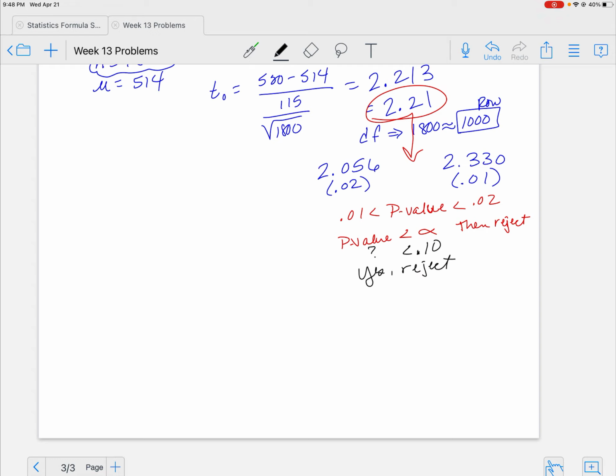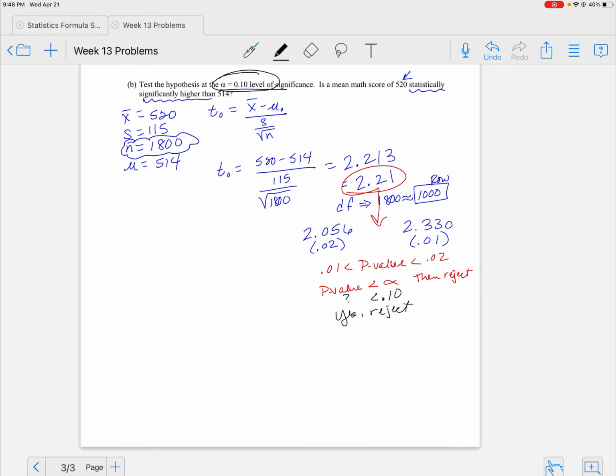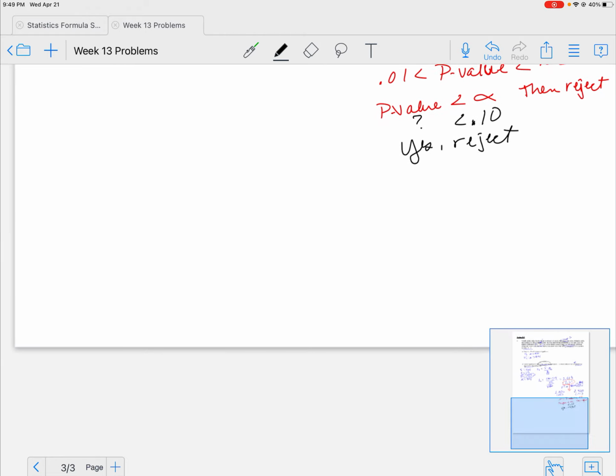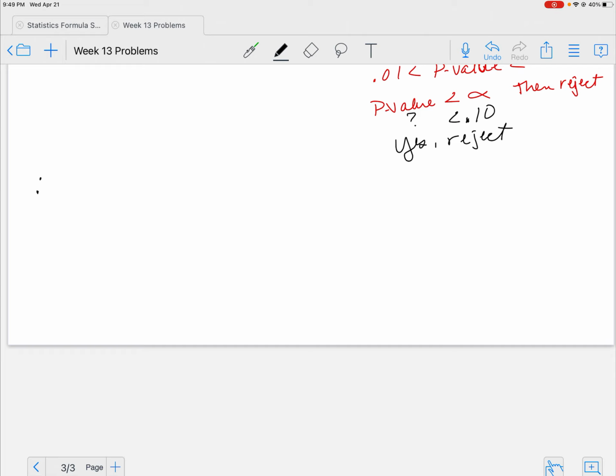Which means the score change is statistically significant. And there is sufficient evidence to support it. Therefore, there is sufficient evidence to conclude that we change our minds.